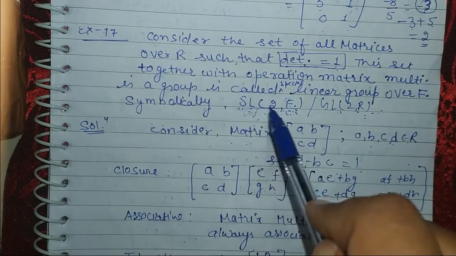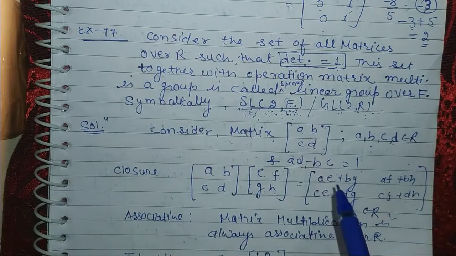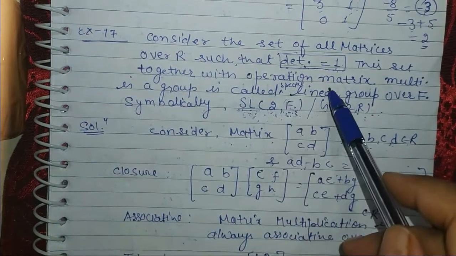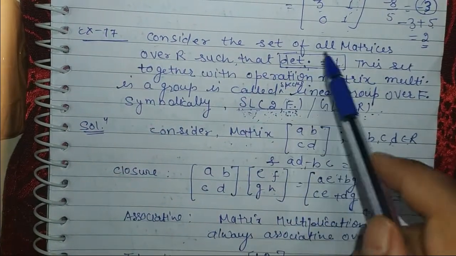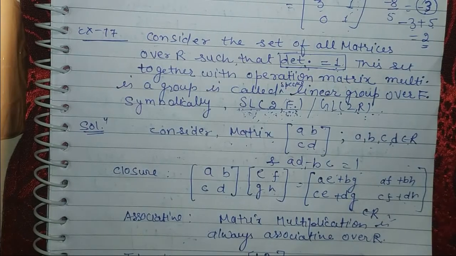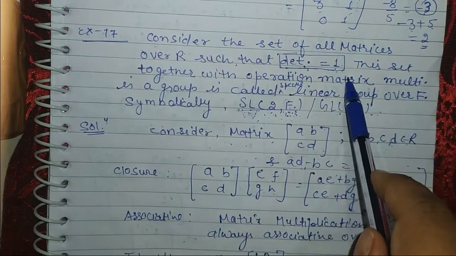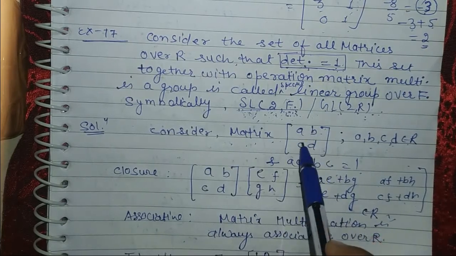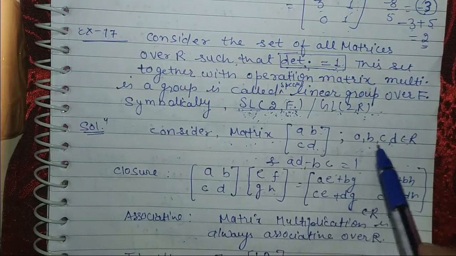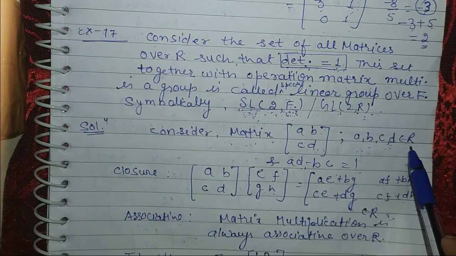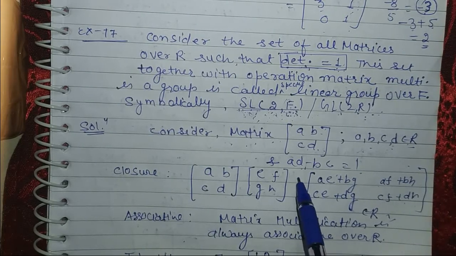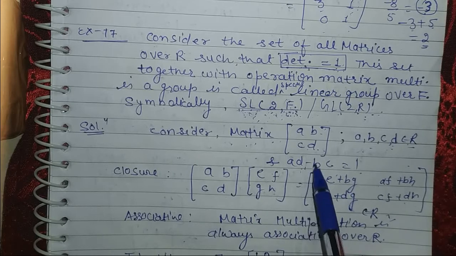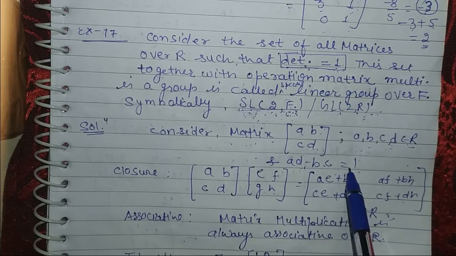So SL2R, or SL2, the special linear group, is the collection of those matrices that have determinant 1. We are considering here the matrix A, B, C and D, where all the entries belong to the real numbers, but the determinant of this matrix should be 1.